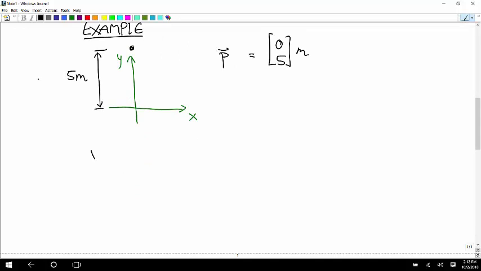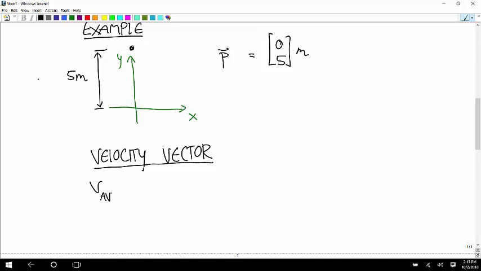Okay, so next is the velocity vector. The mathematical definition of the velocity vector works exactly like in one dimension. Remember, we defined an average velocity.